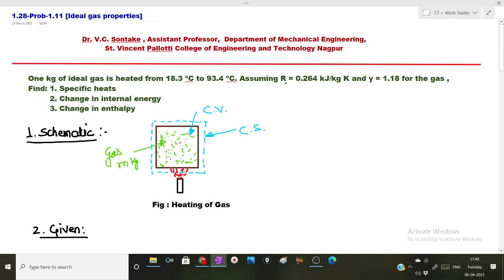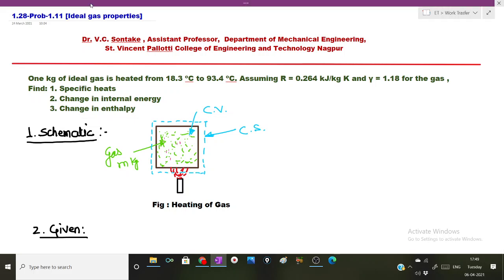Assuming capital R, the characteristic gas constant, is equal to 0.264 kilojoule per kg Kelvin and gamma is equal to 1.8 for the gas. Find 1, specific heats, 2, change in internal energy, and 3, change in enthalpy.